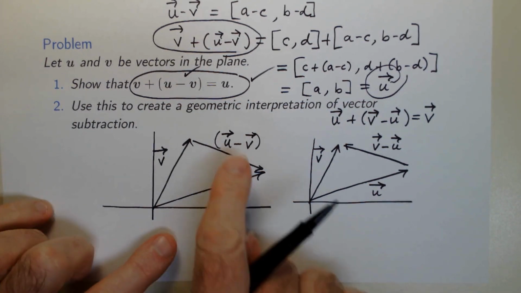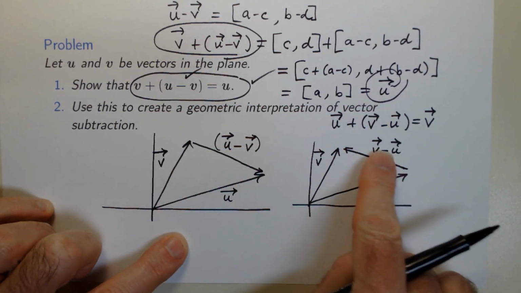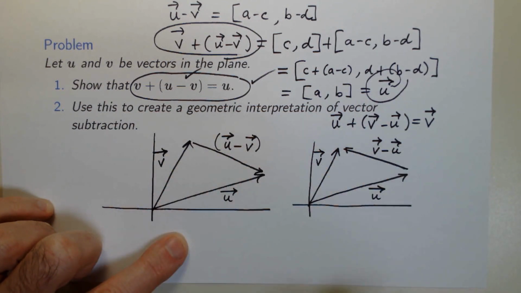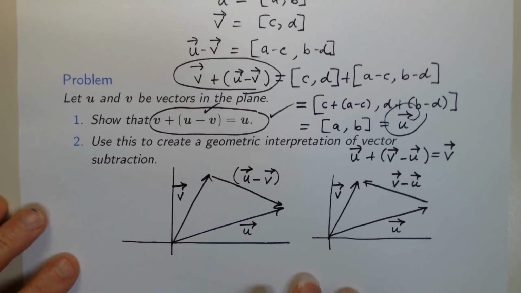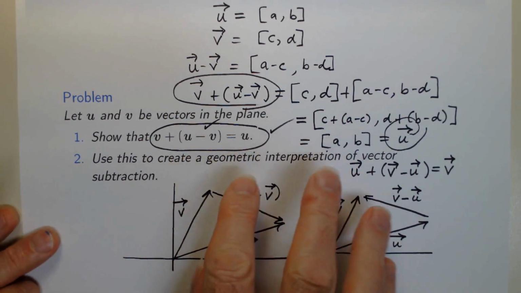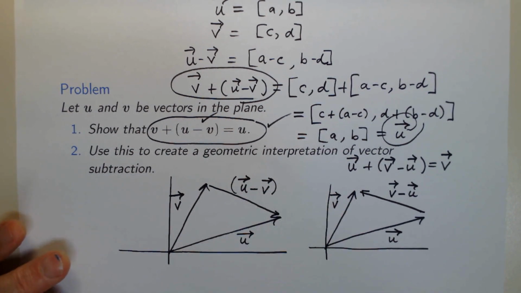Okay, so there's two vector representations, one for u minus v and another one for v minus u. And that's based on the same pair of vectors. I'm just taking the subtractions in the two different orders. All right, so hopefully that helps you understand what vector subtraction is about and how we can visualize it given the vectors u and v.